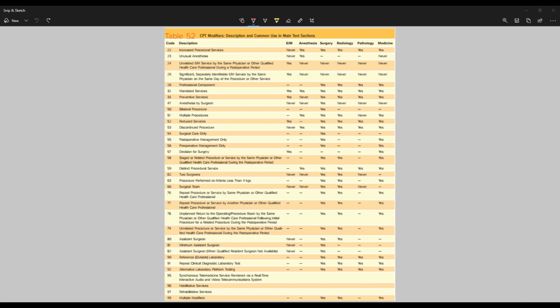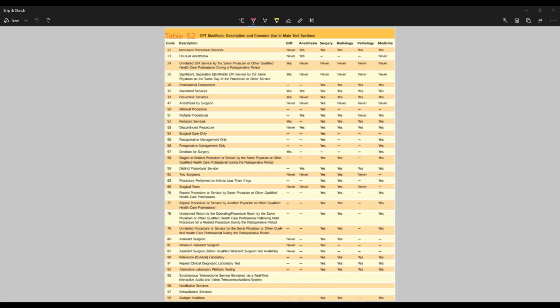And there's actually codes for that. 54 is for surgical care only, okay? And 55 is post-operative management, and 56 is pre-operative management. So we can see some more rare codes being thrown around.